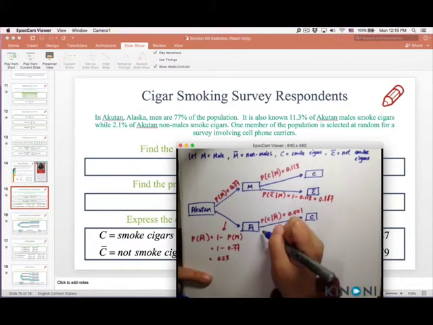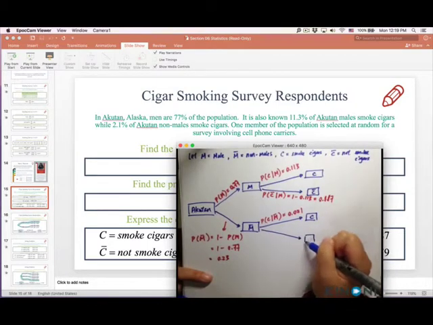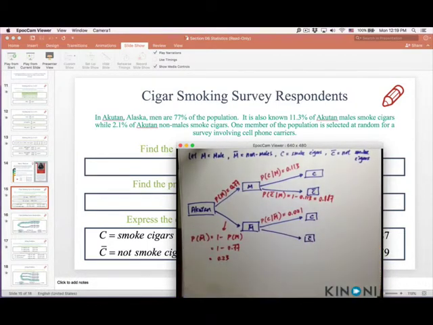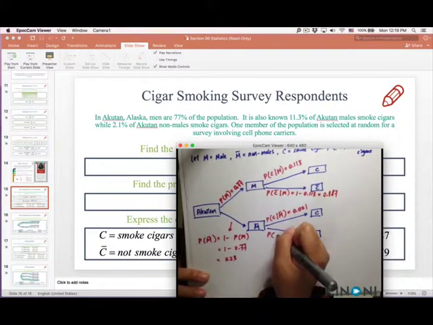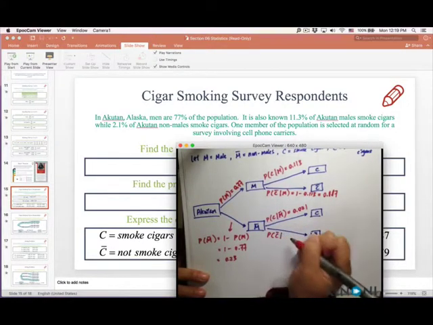And then here, same idea. The population, if you are non-male and you do not smoke cigarettes, so that's a conditional probability again. Probability that you do not smoke cigarettes, given that you're non-male.